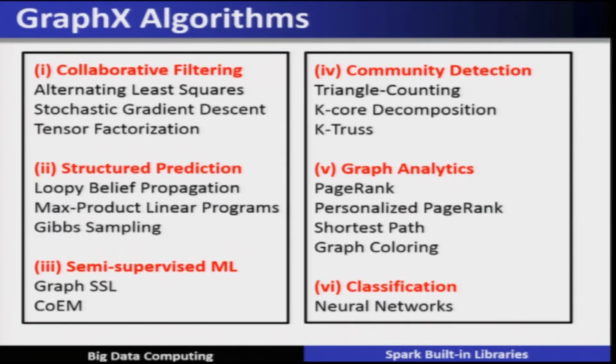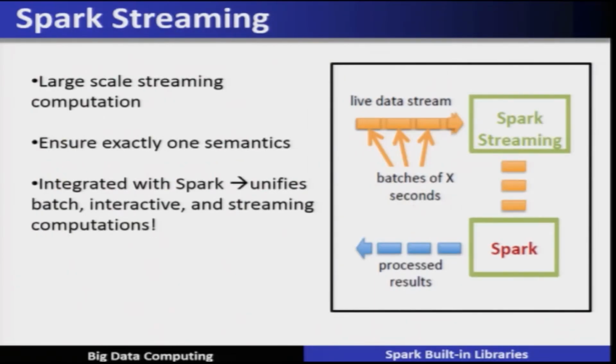All these graph analytics are available, such as the page rank algorithm on graphs, personalized page rank algorithm, shortest path, graph coloring. Similarly, for community detection, triangle counting, K-core decomposition, K-truss, all these algorithms are also available for doing graph analytics.